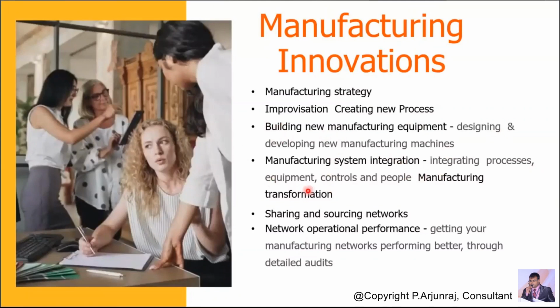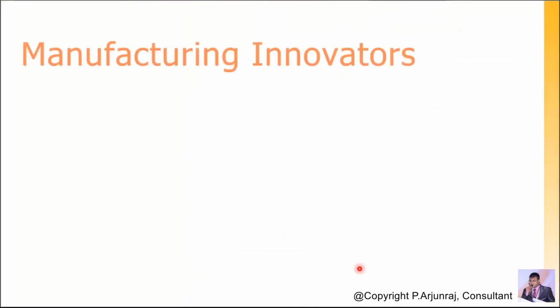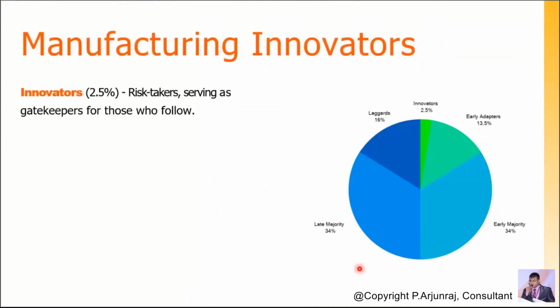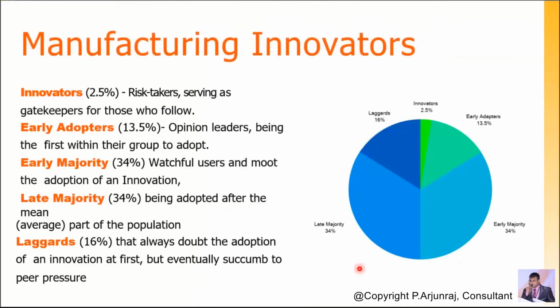You should also look at sharing and sourcing networks. And when it comes to network operation performance, you need to look at performing better through detailed audits. And these are all the different manufacturing innovation types basically. So totally we have 5 types.